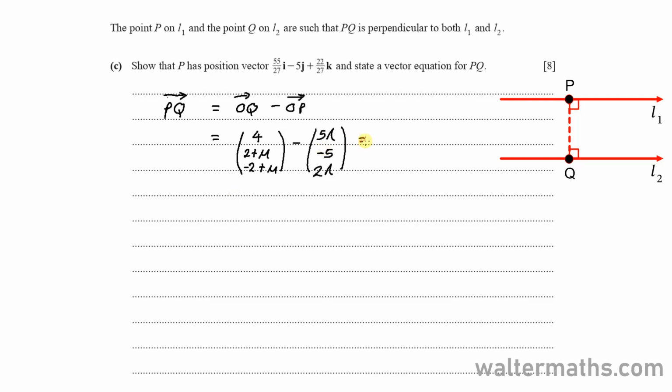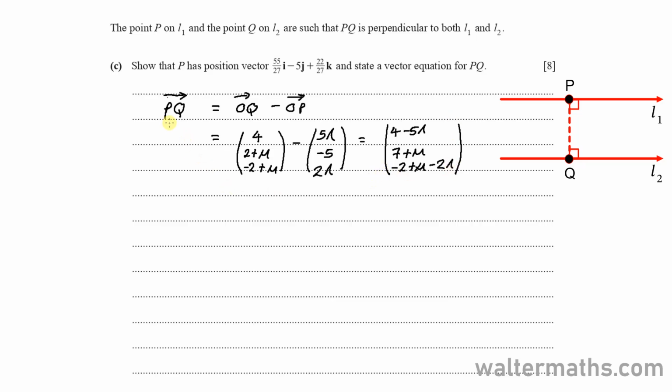So this is going to give us 4 minus 5 lambda, 2 plus mu minus minus 5, which is 7 plus mu. Then minus 2 plus mu minus 2 lambda. So this is what we have for PQ.